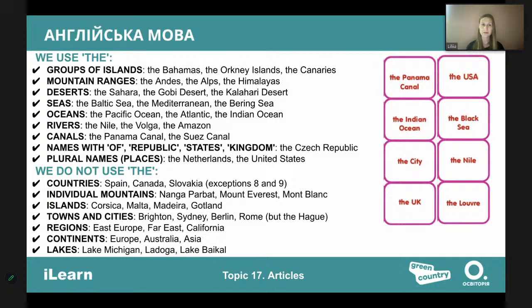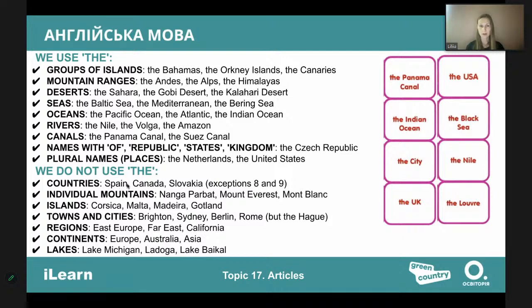Seas, oceans, rivers, canals, article the. And names with of, republic, states, kingdom. Again, you can look at the examples. And also plural names of places like Netherlands, Philippines, United States. All of them should contain the article the before them.